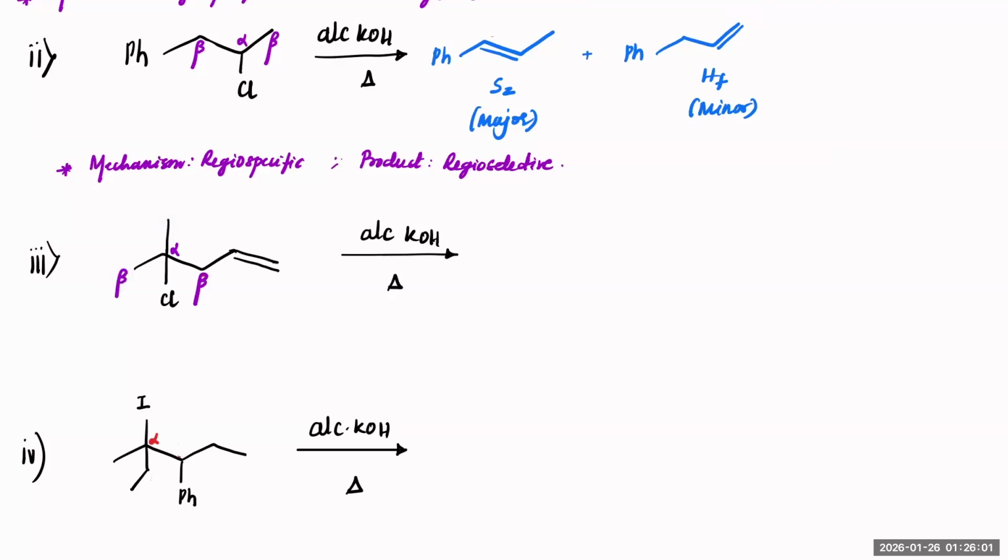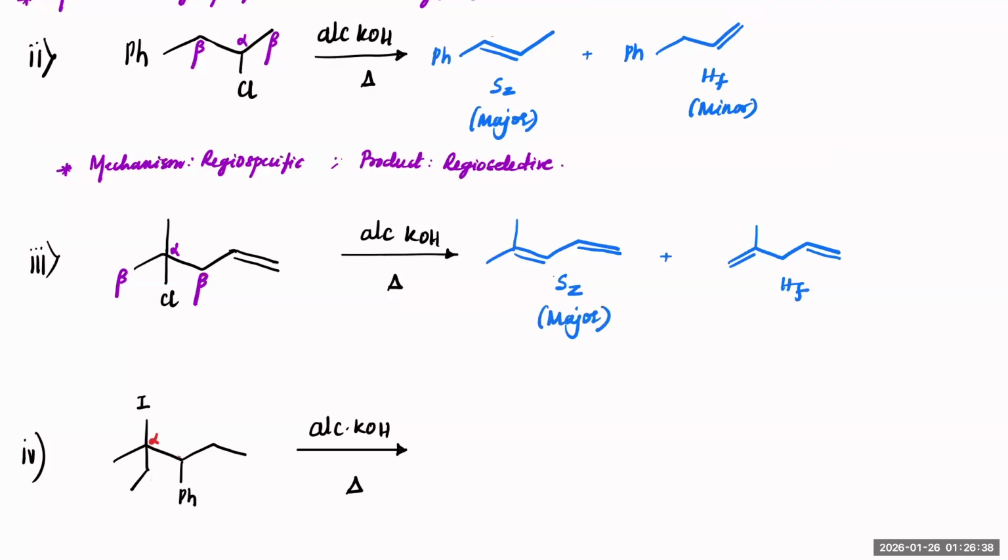Now if I write the product, I would get one product with a double bond here like this, and the other product with a double bond here like this. You notice that this double bond which I made has more substitution on it, so that makes it the Saytzeff product, and this is the Hofmann product, and Saytzeff is major.